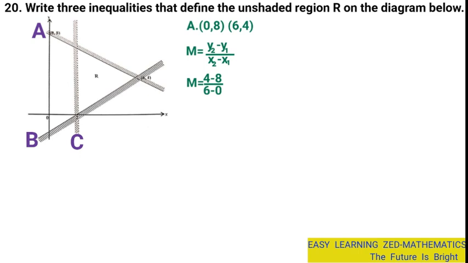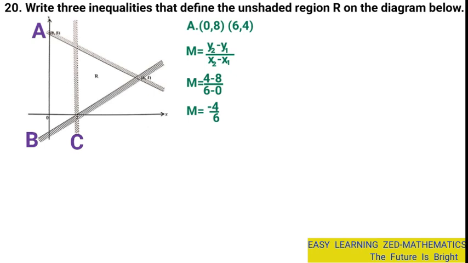Once I've done that, the next thing I'm going to do is find the difference of these numbers. So m is equal to 4 minus 8, which gives us negative 4, over 6 minus 0, which gives us 6. So we have negative 4 over 6.